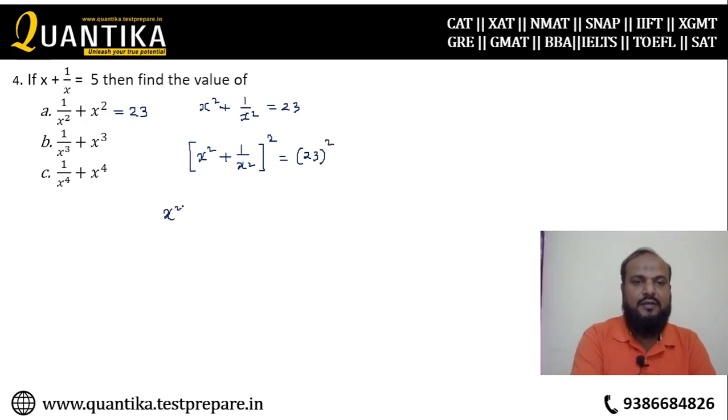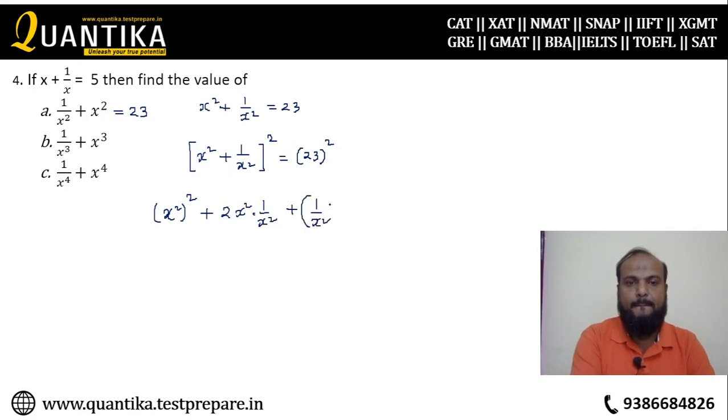so (x square) whole square, I mean a square plus 2ab, 2a into b, plus b square is equal to 23 square, which is 529.